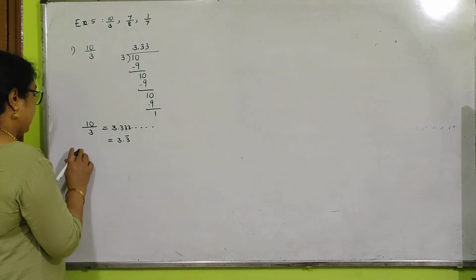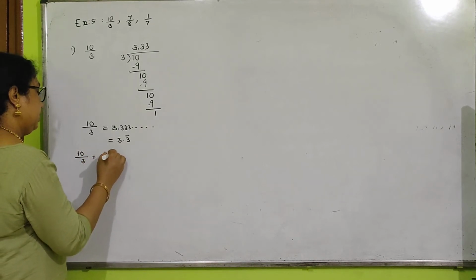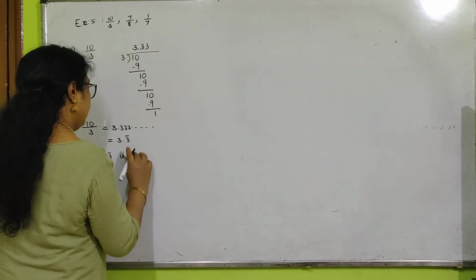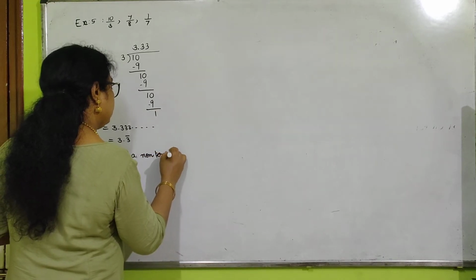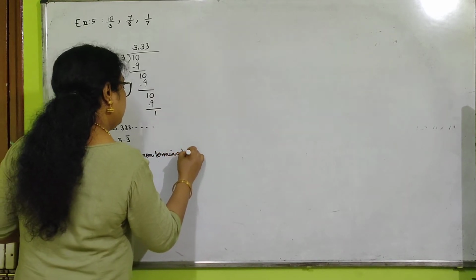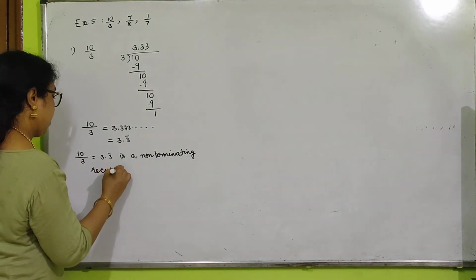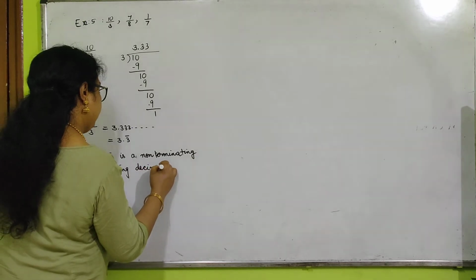So 10 by 3 is equal to 3.33 and so on, a non-terminating recurring decimal expansion.